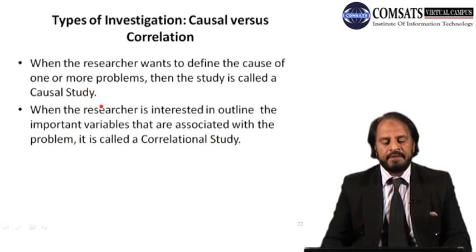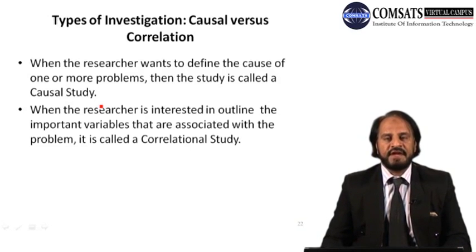So the investigation is either causal or correlational. A causal study focuses on just one variable influencing the dependent variable. A correlation study considers different factors influencing the dependent variable, and we study these factors simultaneously to see their effect on the dependent variable.